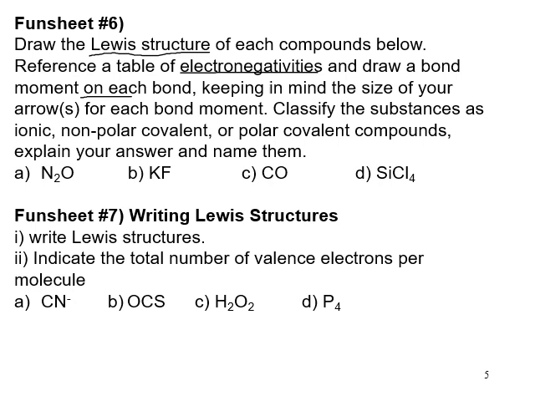Now, these bond moments are only on covalent bonds. So there is a compound in this list that is an ionic compound, so you would not have a bond moment on that. If there are other covalent compounds, then you can draw a bond moment on each bond.